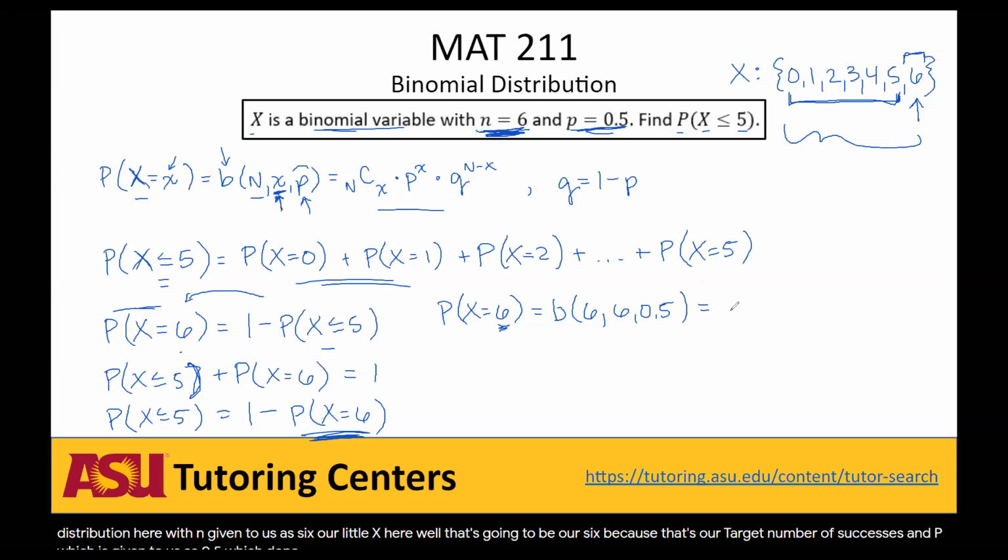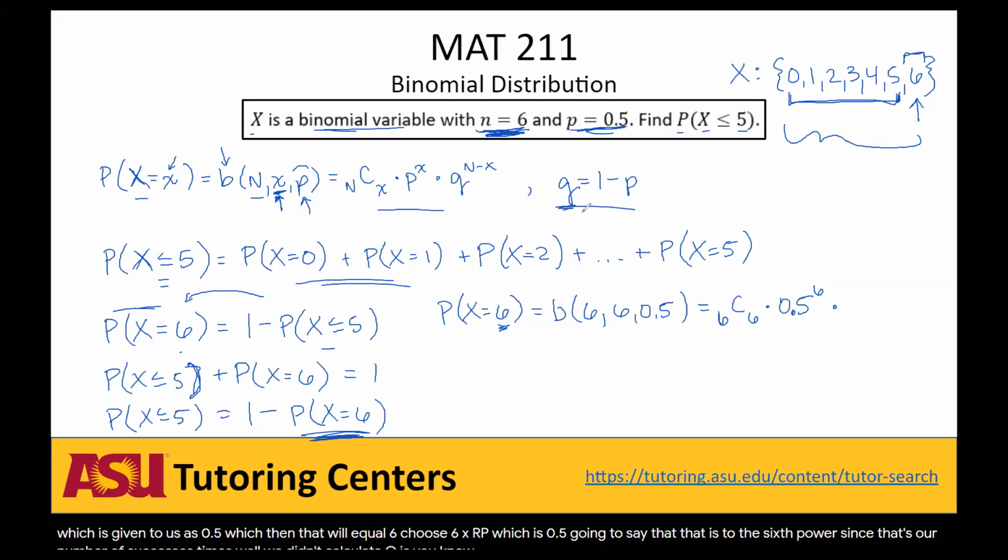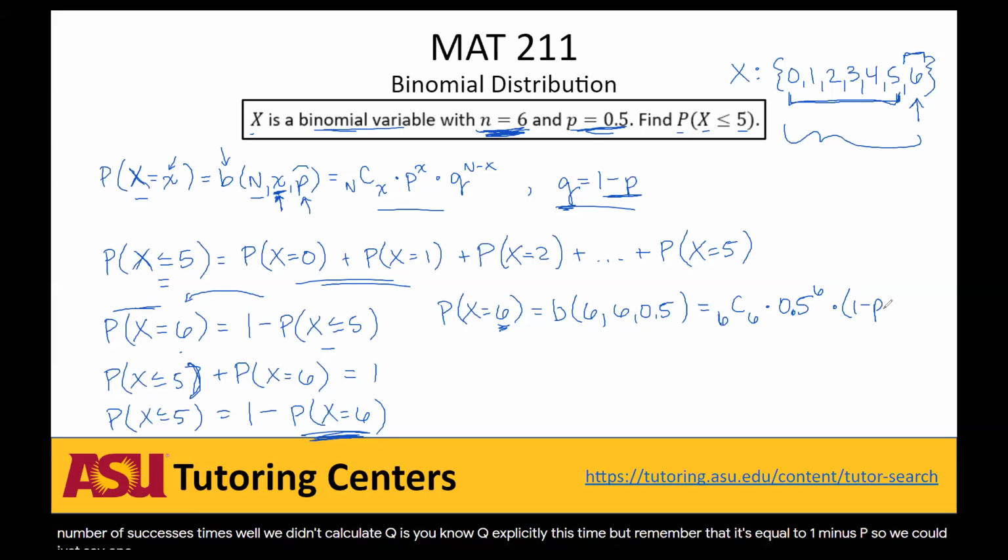Which then will equal 6 choose 6, times our p, which is 0.5, to the 6th power, since that's our number of successes, times, well, we didn't calculate q explicitly this time, but remember that it's equal to 1 minus p, so we could just say 1 minus p here, or in this case, 1 minus 0.5.